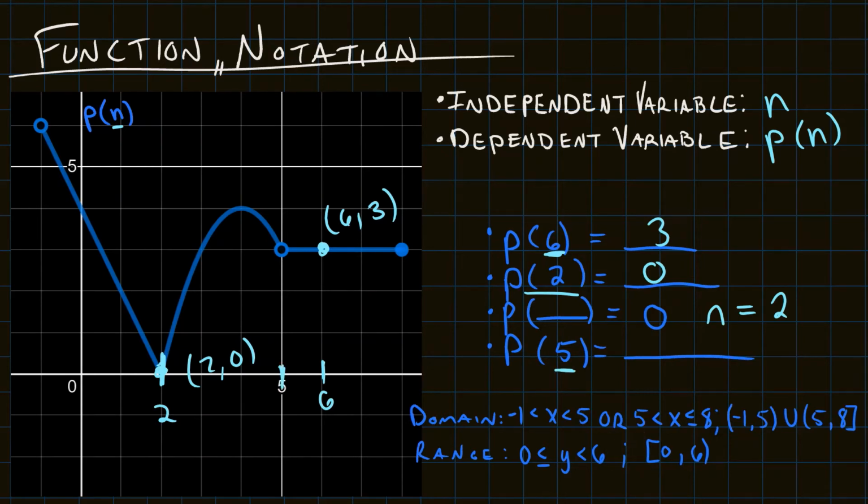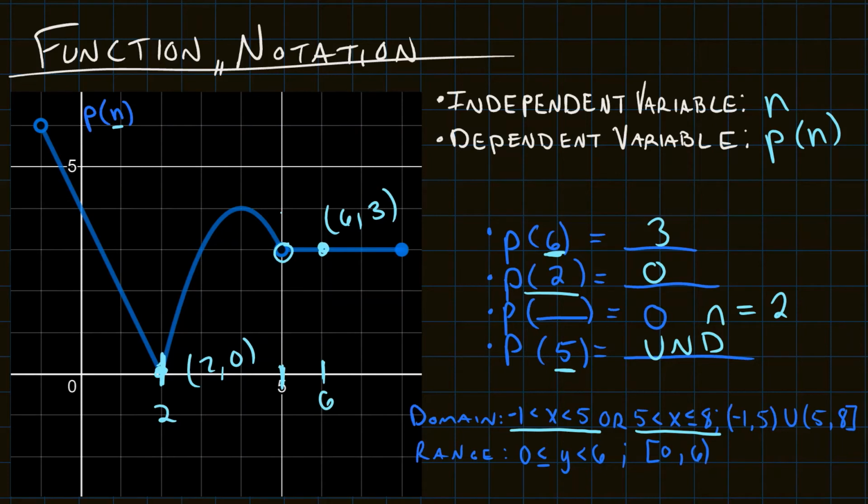If you notice at 5, even though there is graph on the left side and on the right side of our value, at the actual value we have an open excluded point. So the value at 5 is undefined. We can also see that in our domain, 5 is not included. Our domain goes from -1 to 5, neither endpoint included, and then from 5 to 8, with 5 not being included and 8 being included.